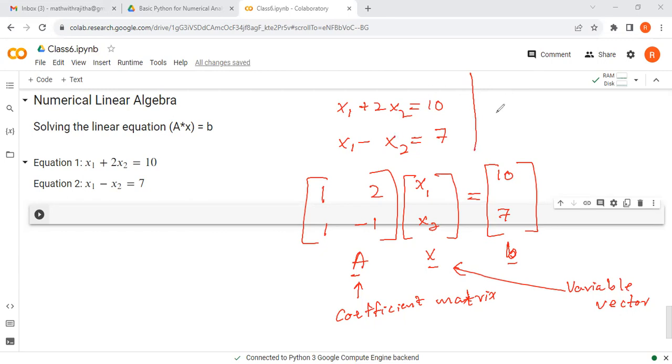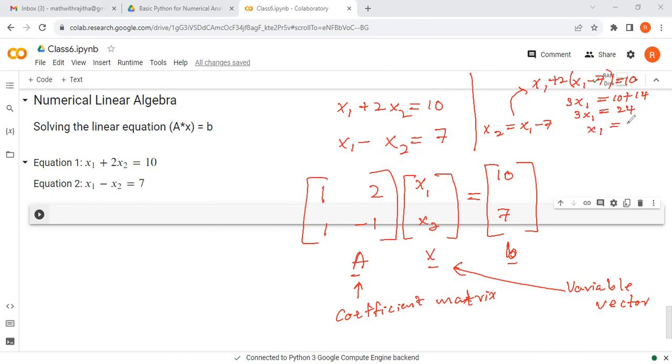Let me say x2 equals x1 minus 7. I substitute that in the first equation, x1 plus 2 times (x1 minus 7) equals 10. I try to solve this: 3x1 equals 10 plus 7 multiplied by 2, 14, which is 24.